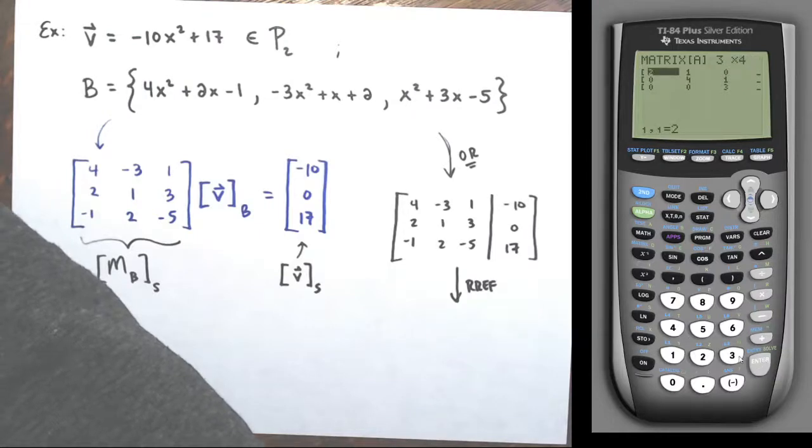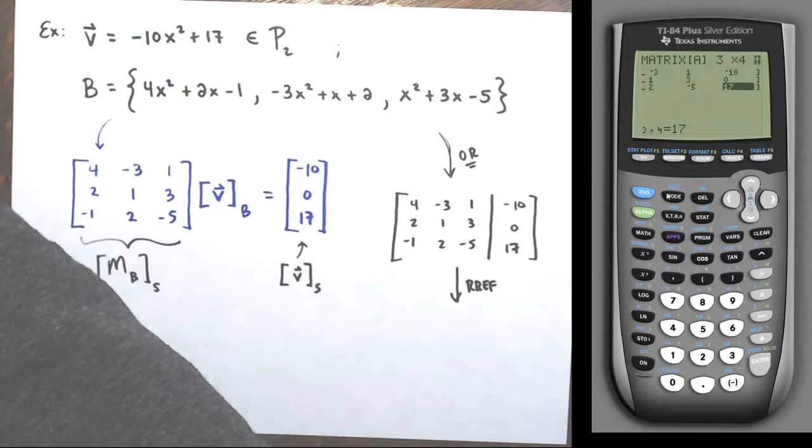First row 4, negative 3, 1, negative 10, second row 2, 1, 3, 0, third row negative 1, 2, negative 5, 17.